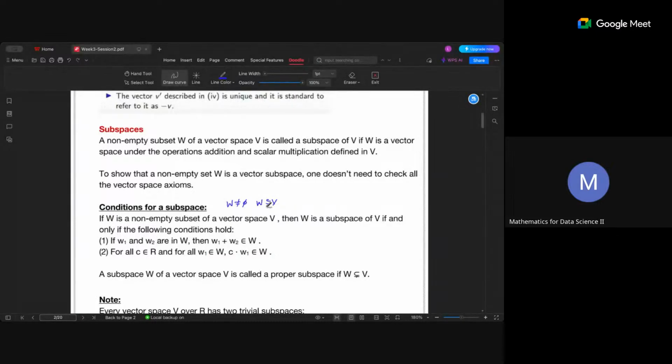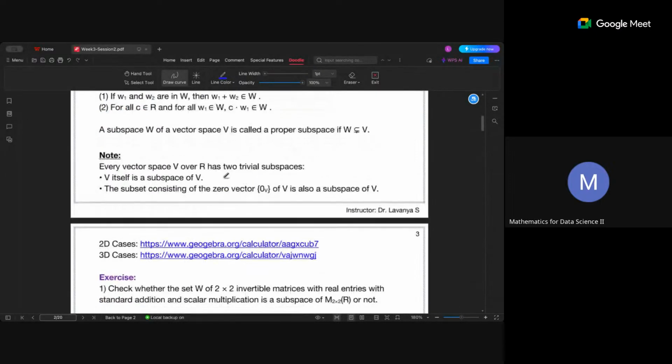Take any two vectors from W, then the sum is also in W. And take any scalar and a vector from W, then their scalar multiplication is also in W. If this is satisfied, then we call W a subspace of V. Given a vector space, it always has two trivial subspaces, the whole space and the zero space.